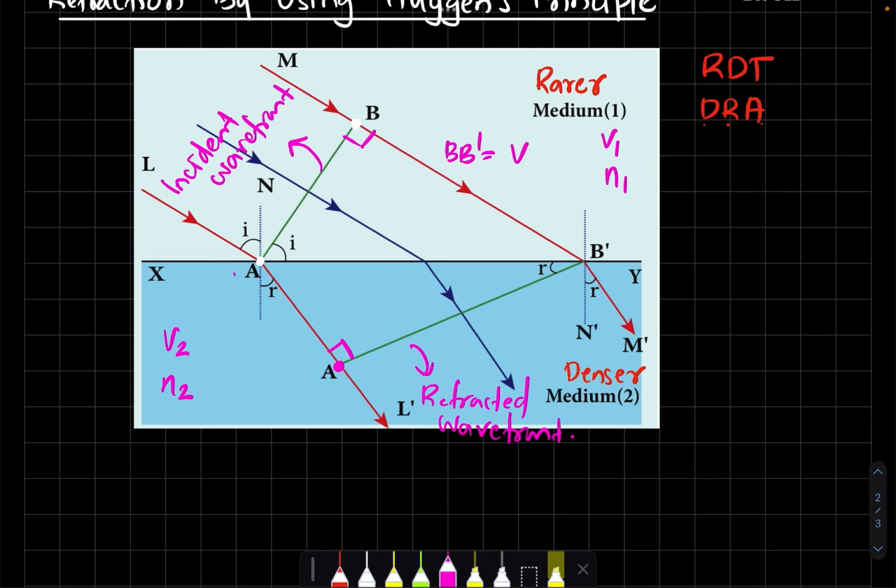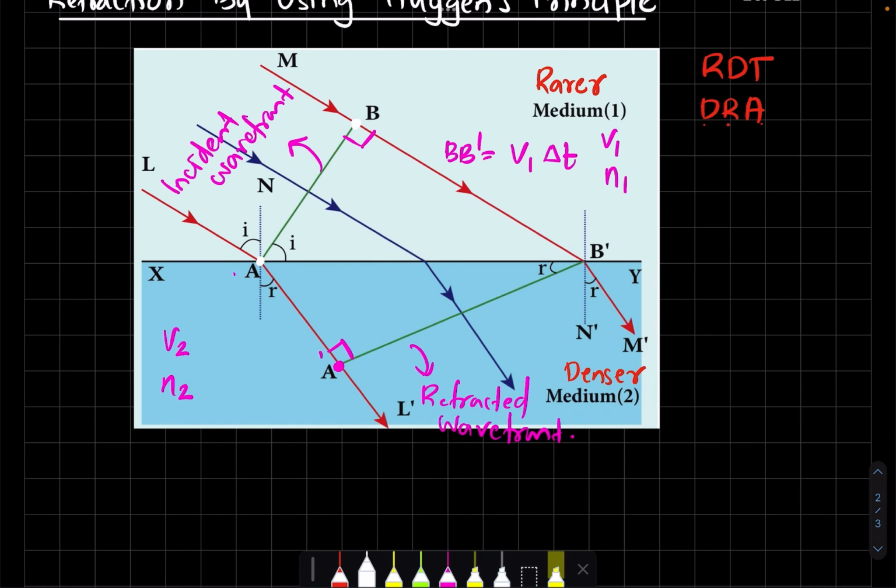So B B dash is nothing but V1 into delta T, that is the velocity into the time interval. In the same time interval, the refracted wave will take to reach from A to A dash.